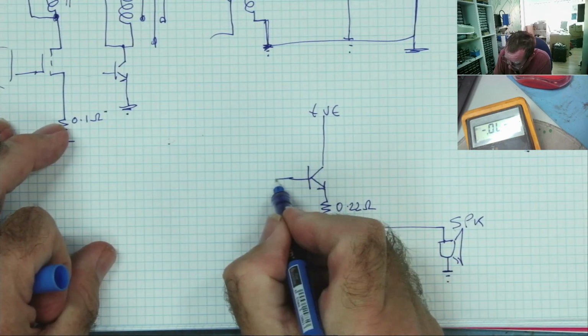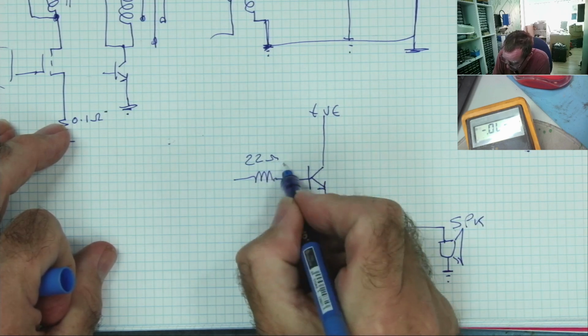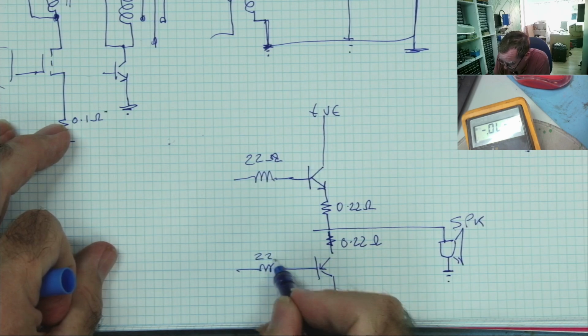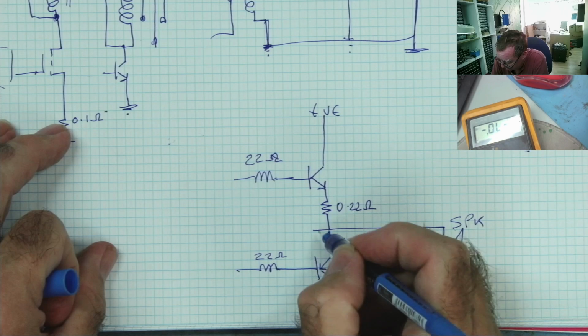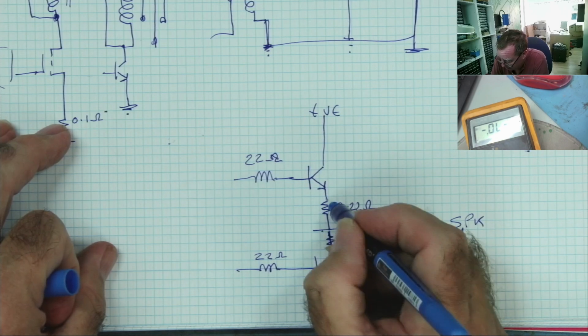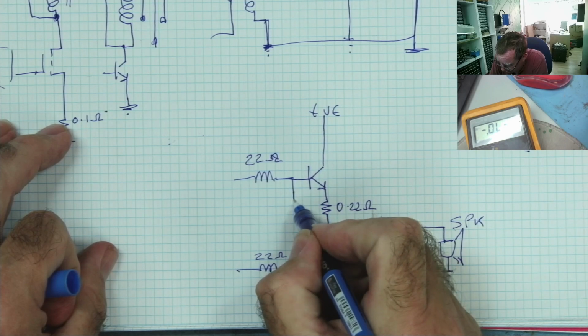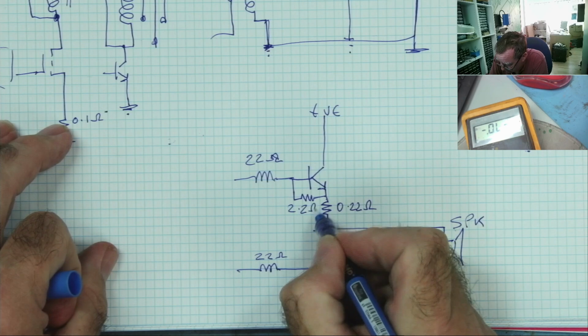The drive comes in here, quite typically 22 ohms. Doesn't have to be, but these are good typical values. And then you have a base emitter resistor, which is probably connected to here, but it could be connected to there. We'll connect it to there. And this resistor is 2.2 ohms, okay?